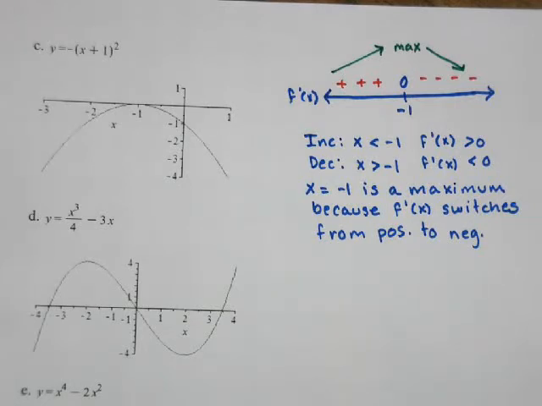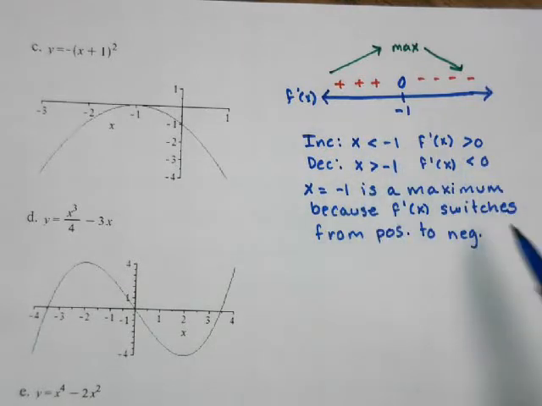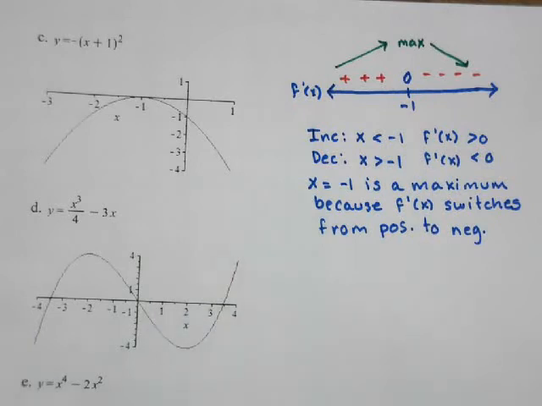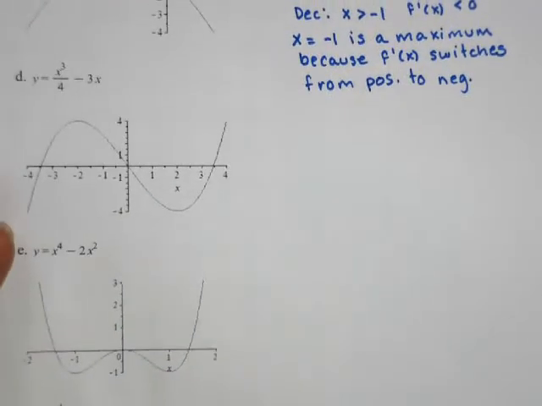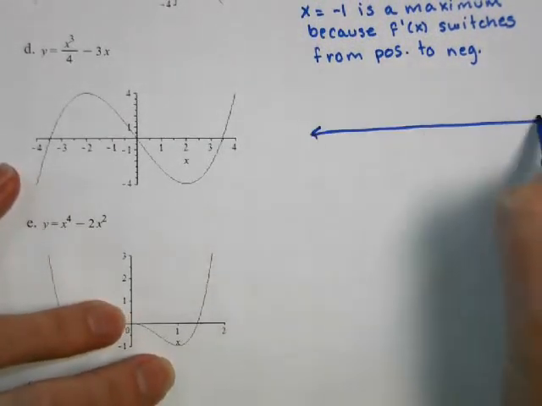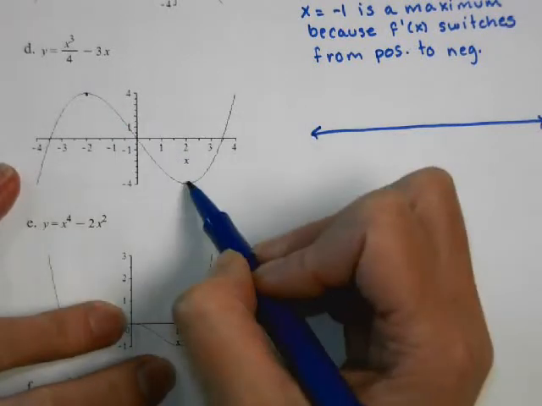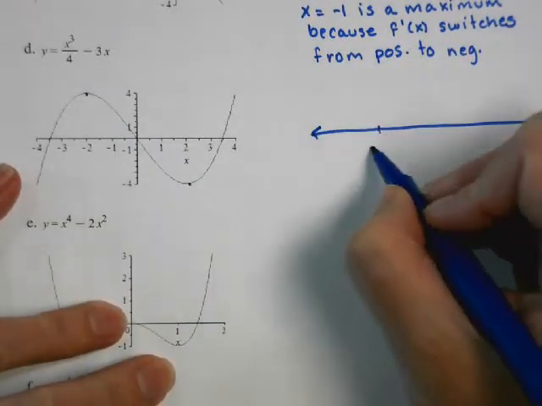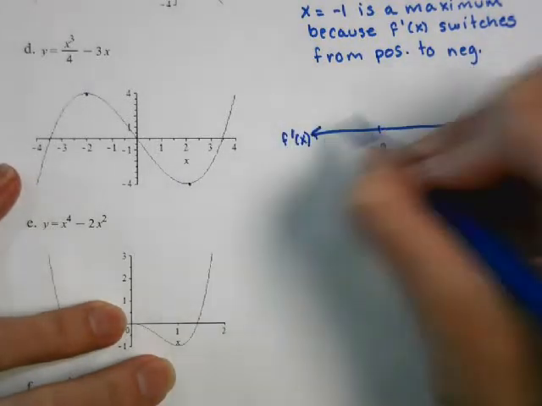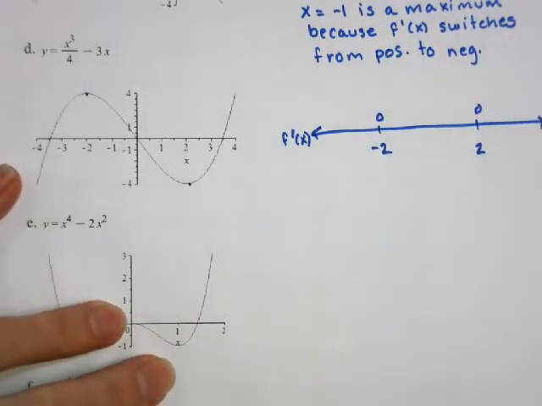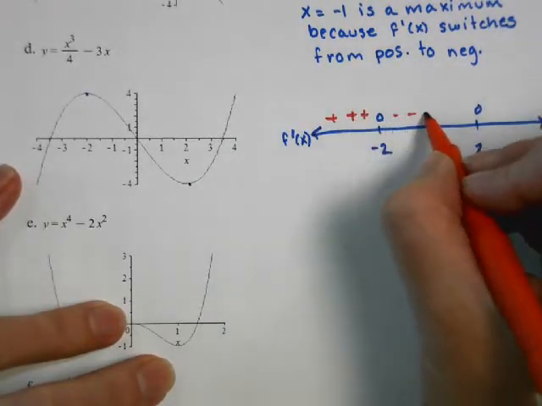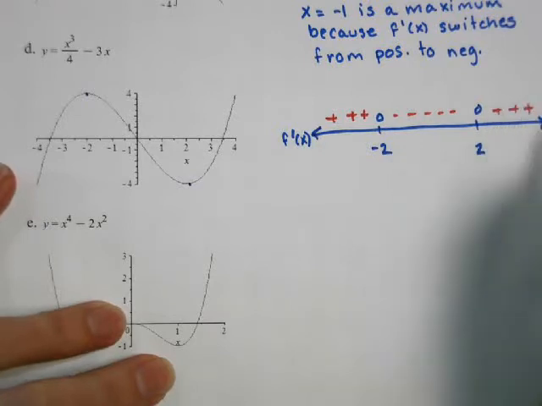For the rest of the graphs, I'm not going to do the justifications. We're just going to talk about the relationship between the number line and the graph and what we can tell. So here my number line would contain 2 critical points at -2 and 2. The slope would be 0 at both of those. This one goes from increasing to decreasing to increasing.